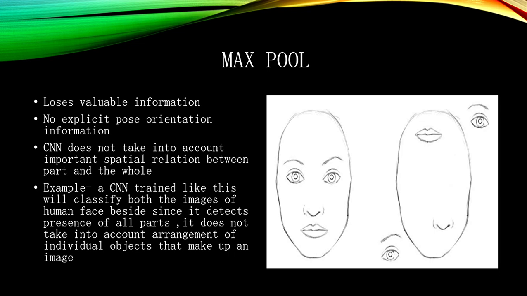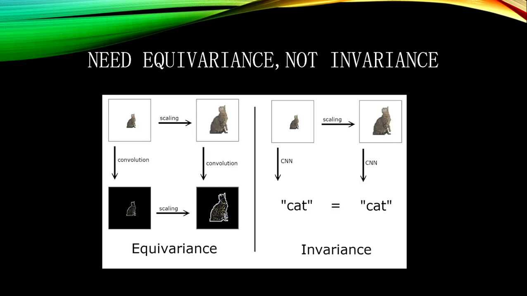For example, a CNN trained like this will classify both images as a human face, since it detects the presence of all the parts and does not take into account the arrangement of the individual objects that make up an image. This is the need for equivariance and not invariance.